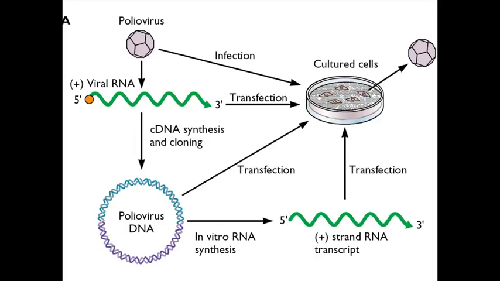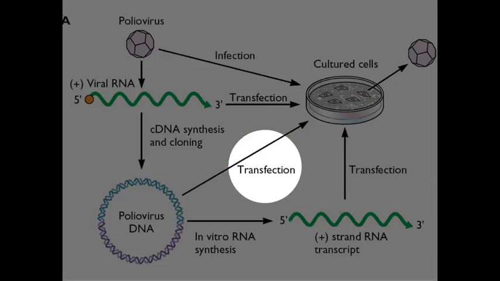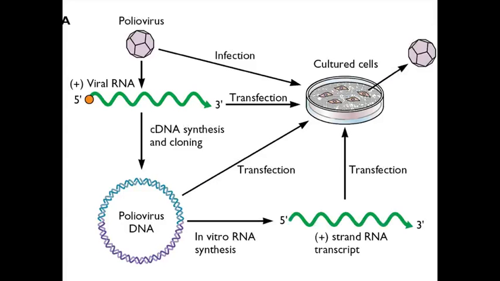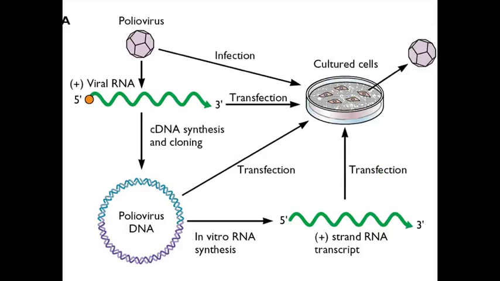So the RNA is infectious. But we can't really modify RNA. So what we did was to make a DNA copy of the viral RNA in a plasmid, and then when you put that into cells, it gives rise to virus as well. You can either put the DNA into cells or you can make RNA in vitro and put that into cells, and it's infectious. So again, this is the modern way we do genetics in virology.